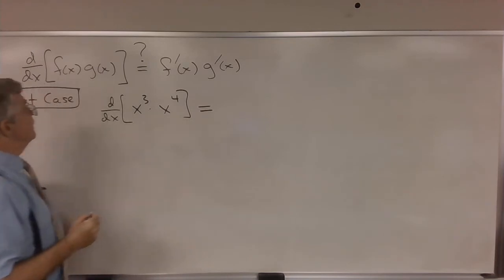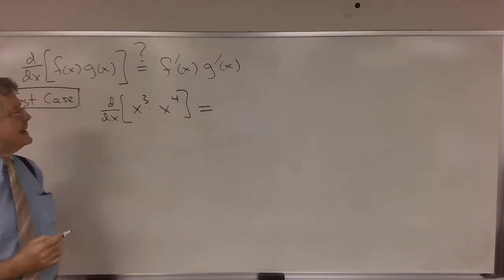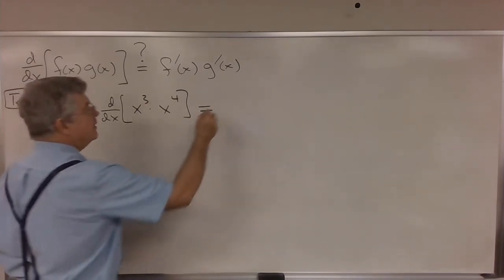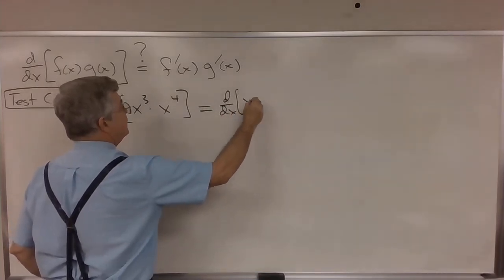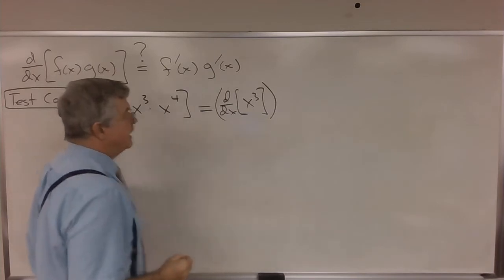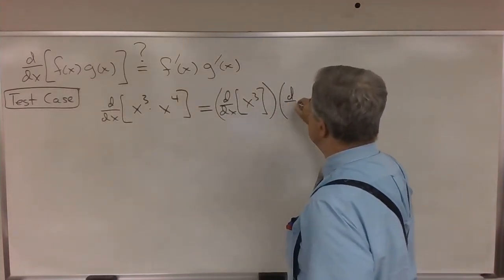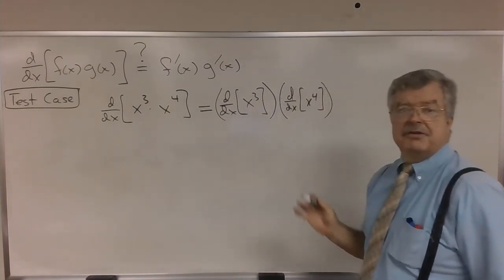And if this relationship works, which we're pretty sure it does, then really we should be able to compute the derivative of the first function and the derivative of the second function. And it should work.